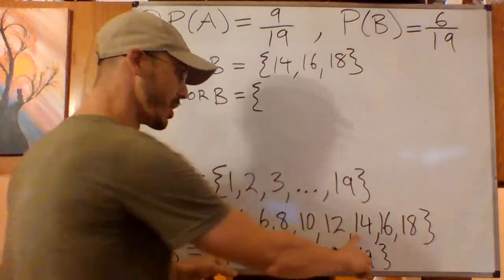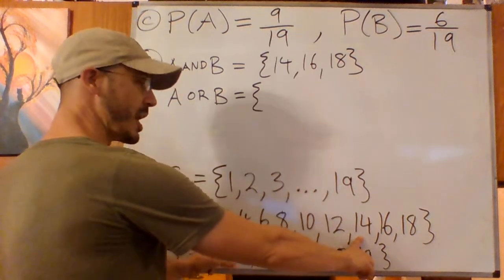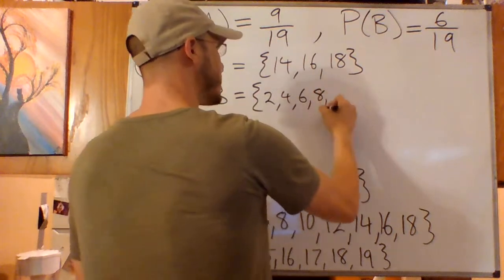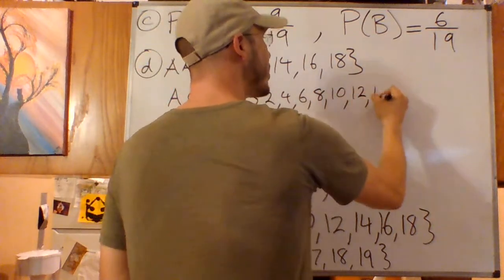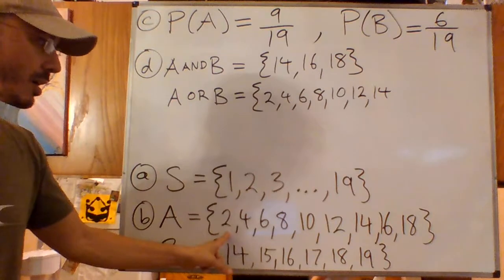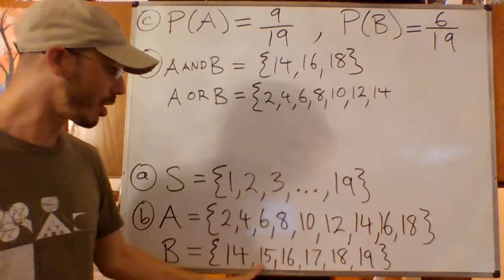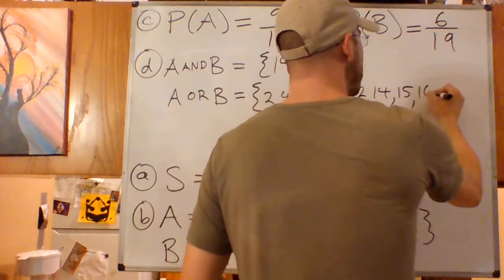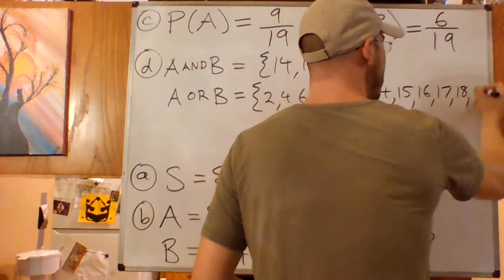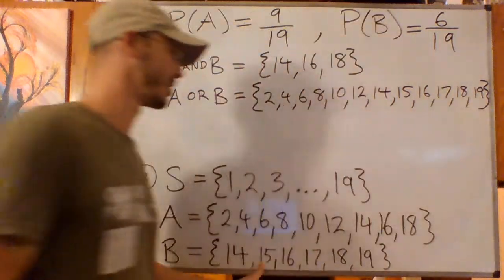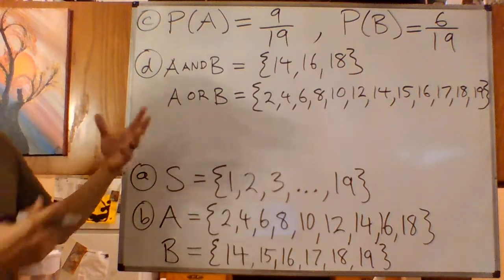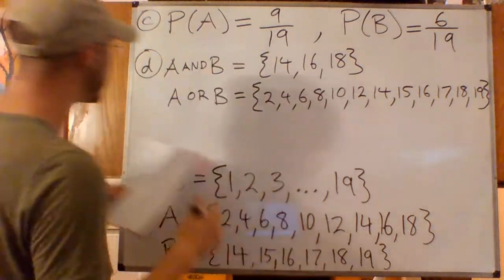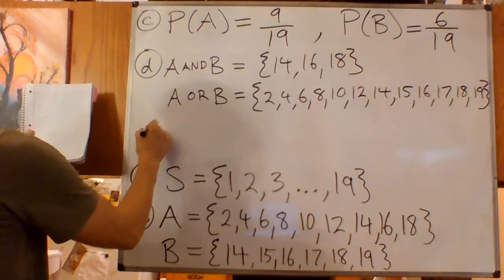Let me just list the numbers from A that are up to 14. 2, 4, 6, 8, 10, 12, 14. But then, well, 16 definitely, but also 15 because it's in B. 15, 16, and 17, and 18, and 19. So those are the numbers that are in one or the other or both. Kind of a big list, but I think all we have to do is count them from here on.